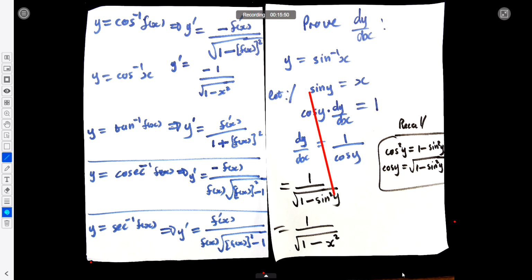And mind you, when it comes to tests and exams, you'll have to know how to prove the derivatives of the functions. Even cosine, we know how to prove it from first principles. Proving the arc sines, we use our square identities and implicit differentiation.